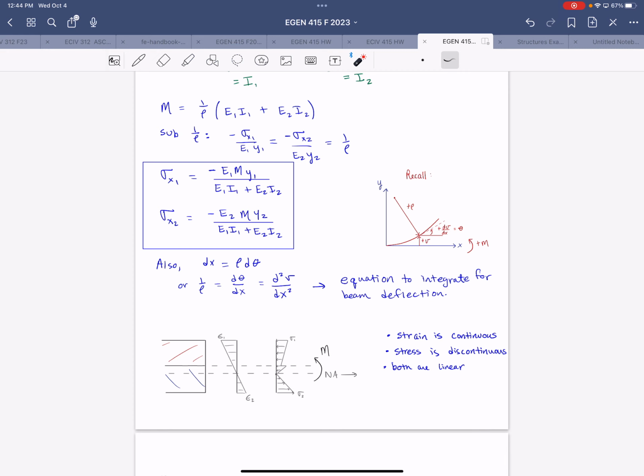In that situation, I imagine you would have more of a shear dominant behavior than a bending dominant behavior. So we're focused on bending dominant behavior here, where we can generally assume that plane sections will remain plane. Yeah, good question.